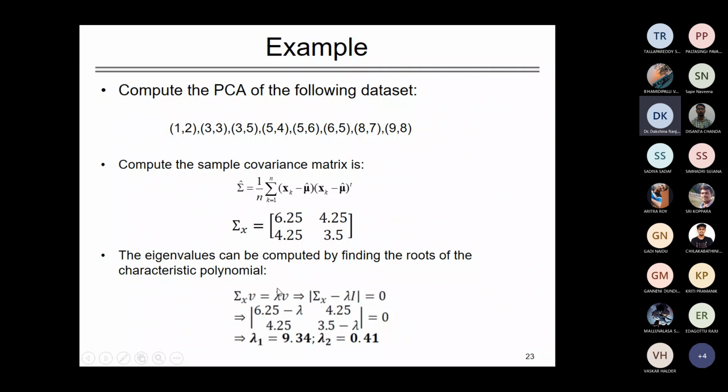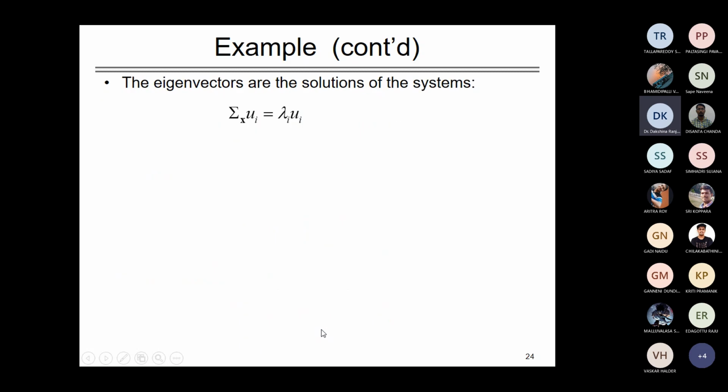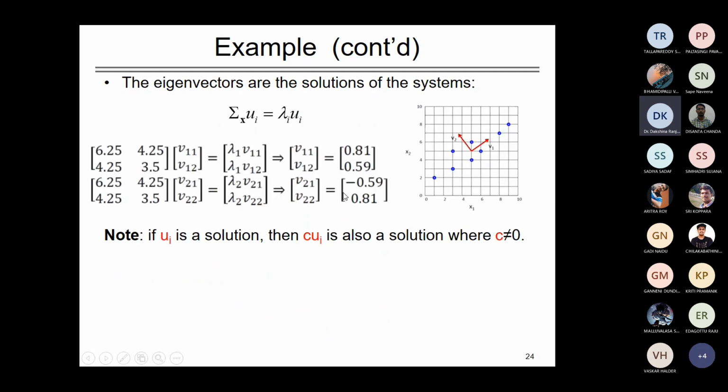This is nothing but the solution of a linear system of equations. When we solve it, we will get the eigenvalues, lambda 1 and lambda 2. Since we have considered a two-dimensional feature vector, there will be two eigenvalues and corresponding eigenvectors. First we compute the eigenvalues, then we will compute the eigenvectors.